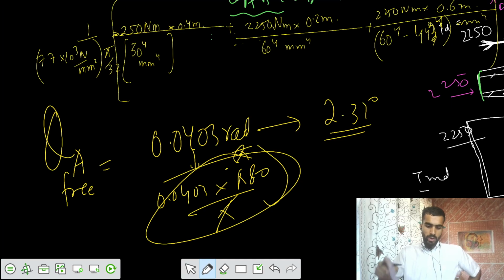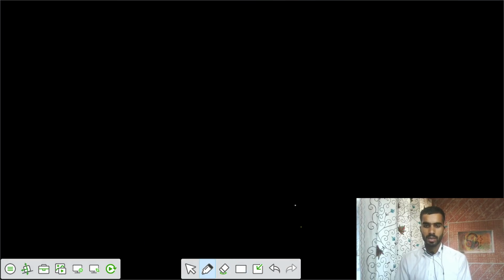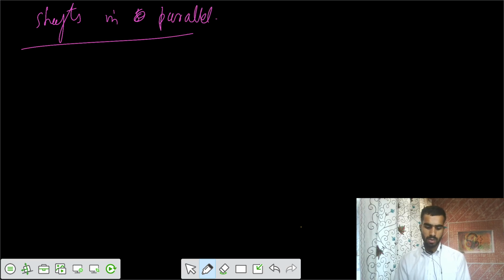Now if you want to take one more problem, that is a problem that says we have a shaft parallel combination. So I would say that is shafts in series. So the topic for this one is shafts in series, shafts in parallel. So we have a parallel combination, that this is your fixed side, and you have a shaft.